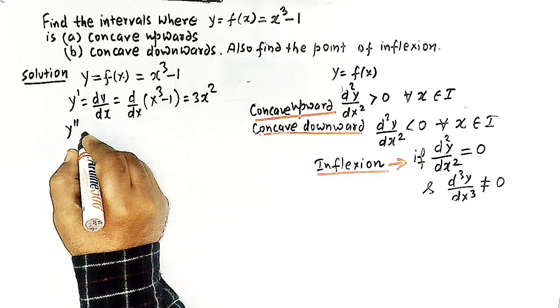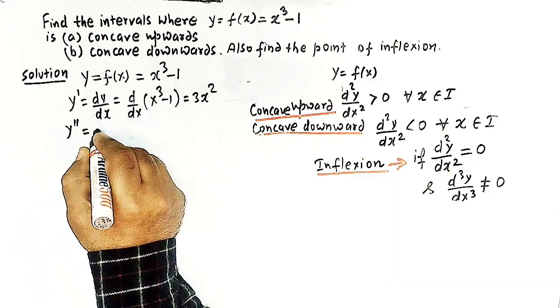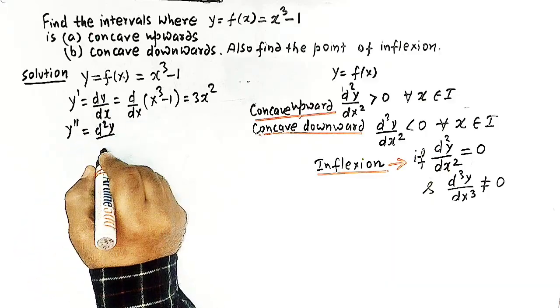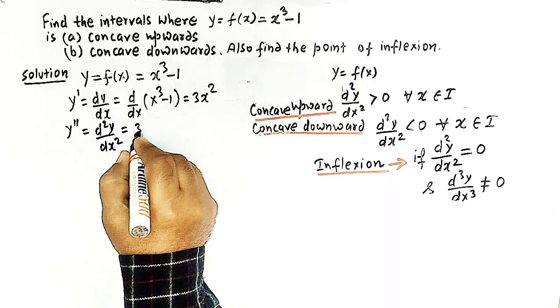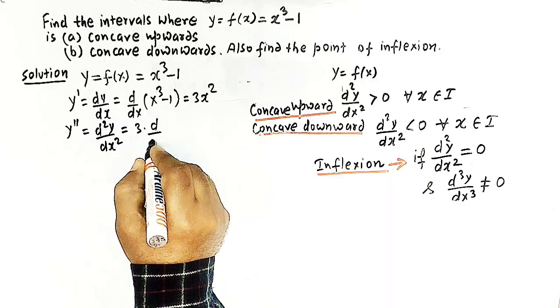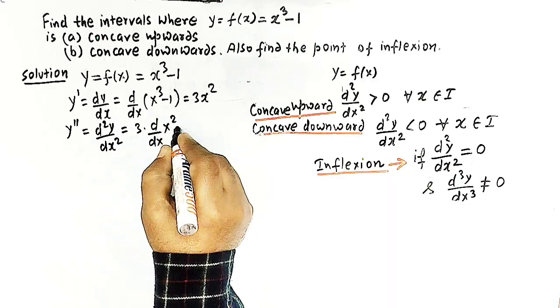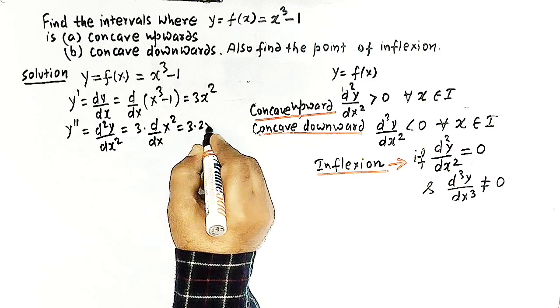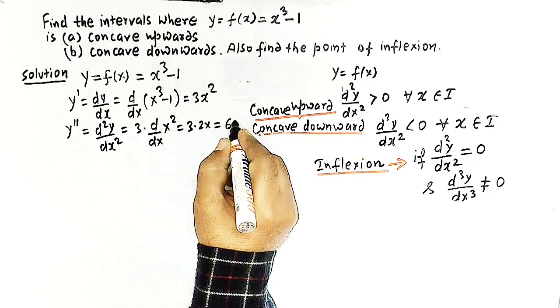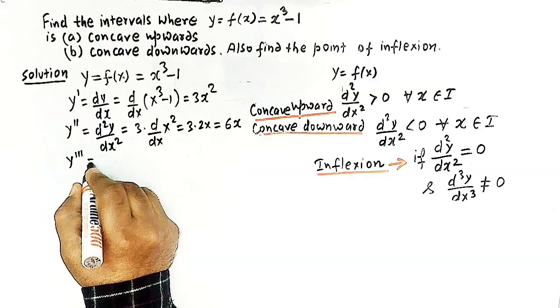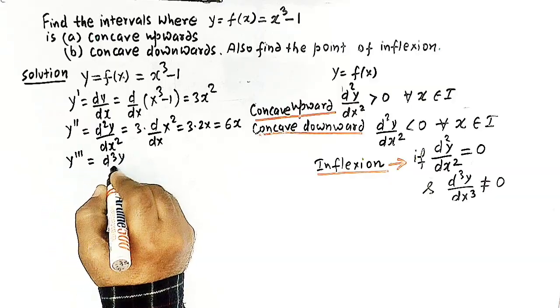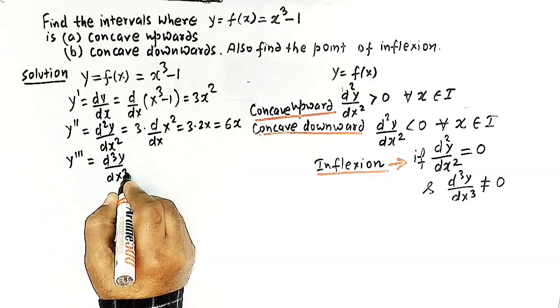So let us find out the second derivative. We have d2y over dx2, that is 3 times the derivative of x squared. So we have 3 times 2x, that is 6x. And then we'll find the third derivative, that is d3y over dx3.